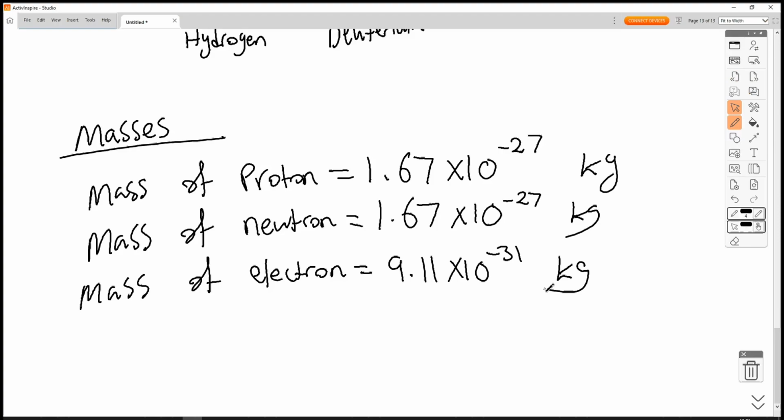So these are all new values you need to remember and memorize. Let's start a new page.